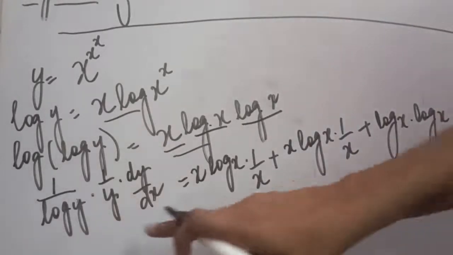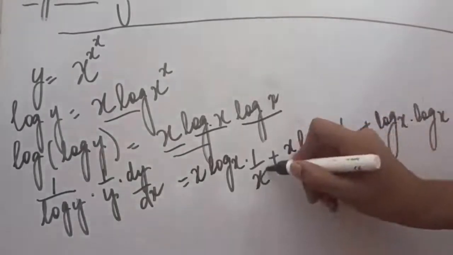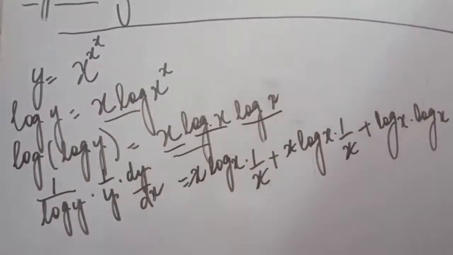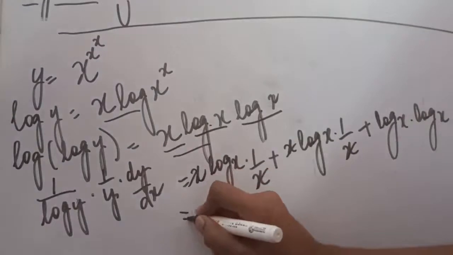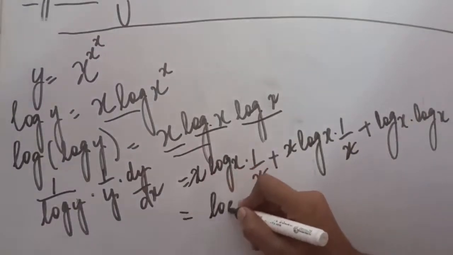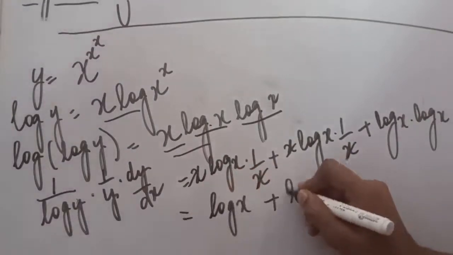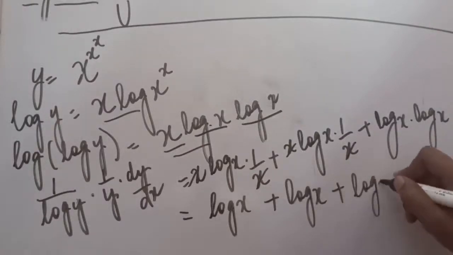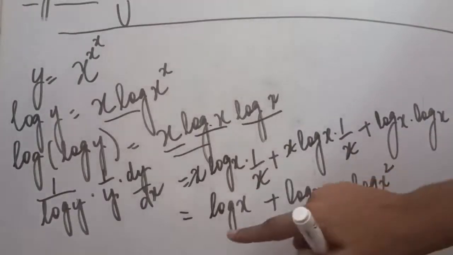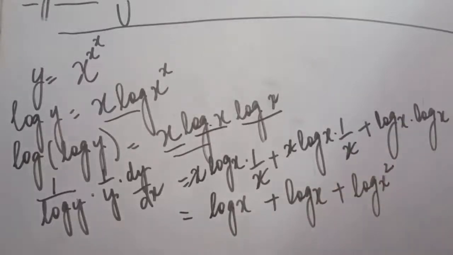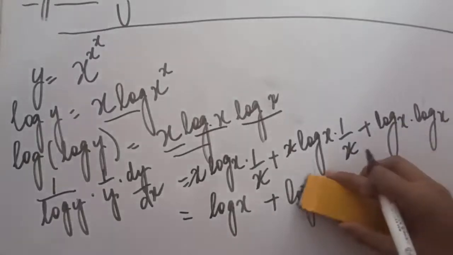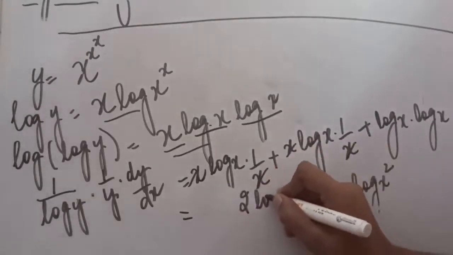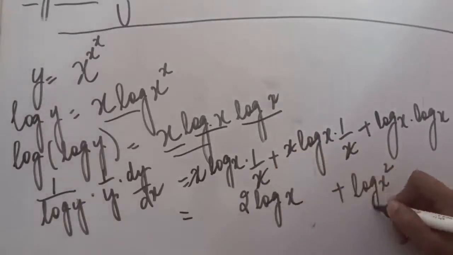Now again on the left hand side it will be same, here it can be deleted, here it can be deleted, it will be log x square. So on the right hand side we are left with log x, again log x plus log x square, and these two also we can write 2 log x. So instead of writing log x plus, I am writing here 2 log x. So this is the right hand side.